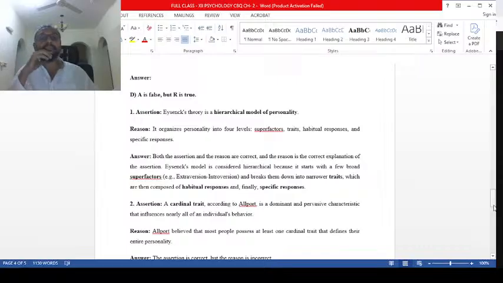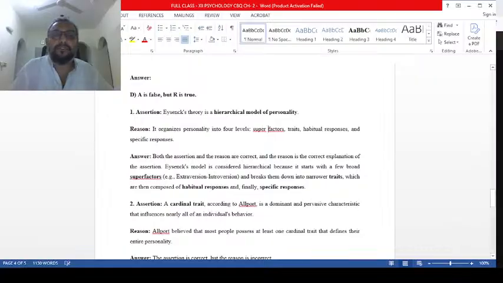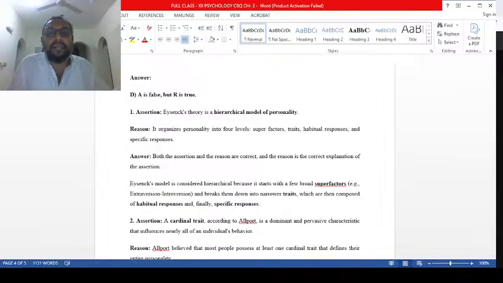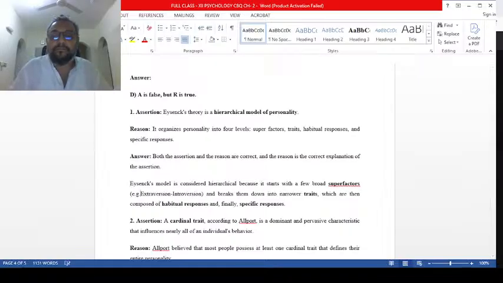Next, the reason: it organizes personality into four levels, super factors, traits, habitual responses and specific responses. So what exactly will the answer be? Both the assertion and reason are correct, and the reason is the correct explanation of the assertion. See this area. It's purely a higher order concept for you people, my children.